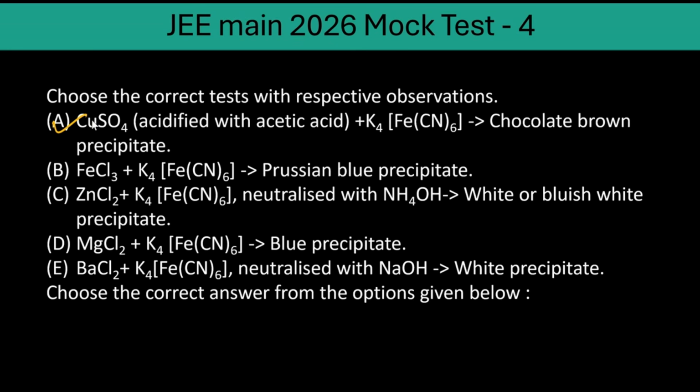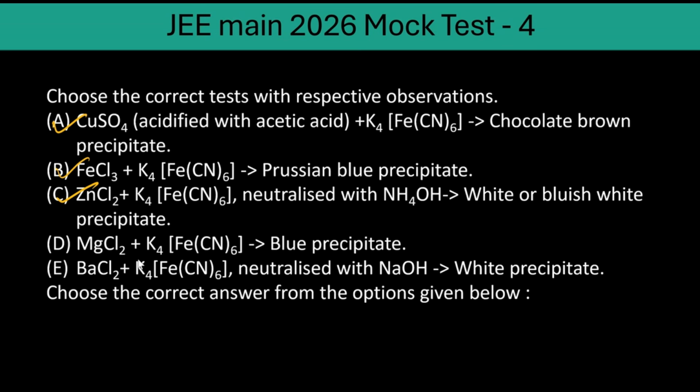Then the next one, FeCl3 with the same complex will give you Prussian blue precipitate, which is ferrocyanide. That is also right. And statement C, zinc chloride with this complex neutralized with ammonium hydroxide gives a white or bluish white precipitate. So that is zinc ferrocyanide, a white precipitate.